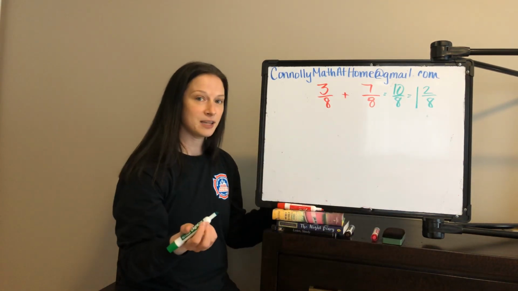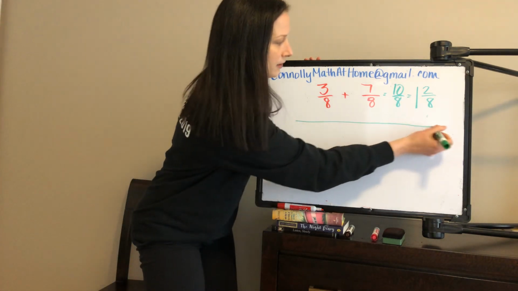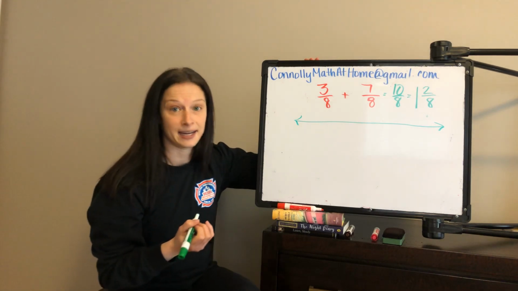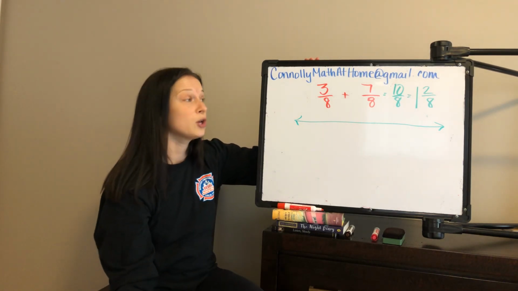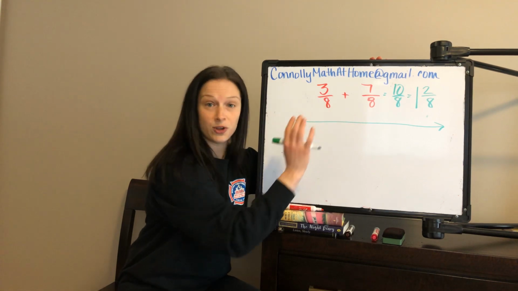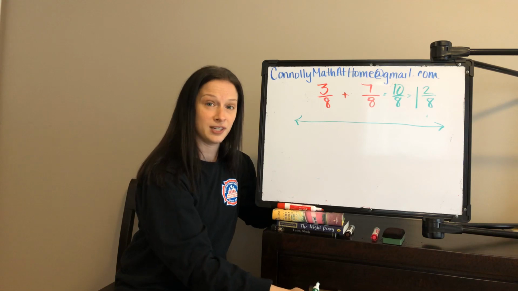So let's think about 3/8 plus 7/8. Okay? As you know, order does not matter when we're adding. So you could start with 7/8 and add 3/8, which might result in less work because you only have to add 3/8. So that's what I'm going to do here.